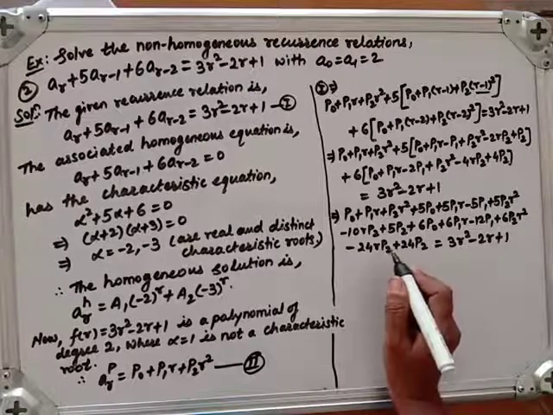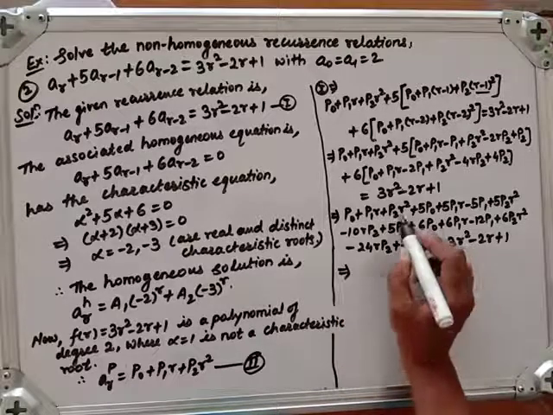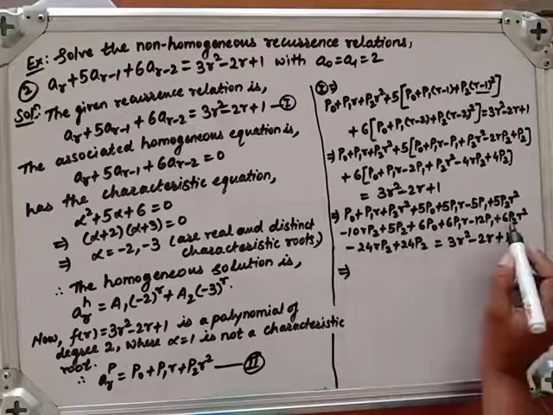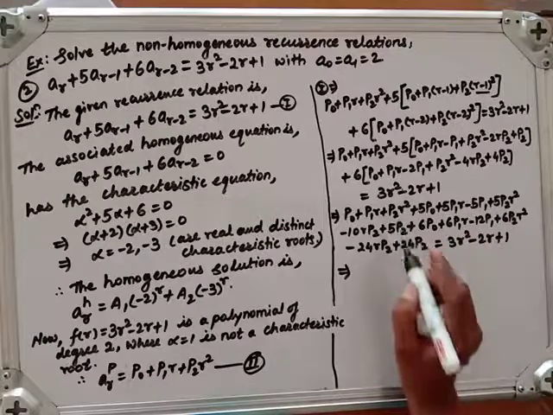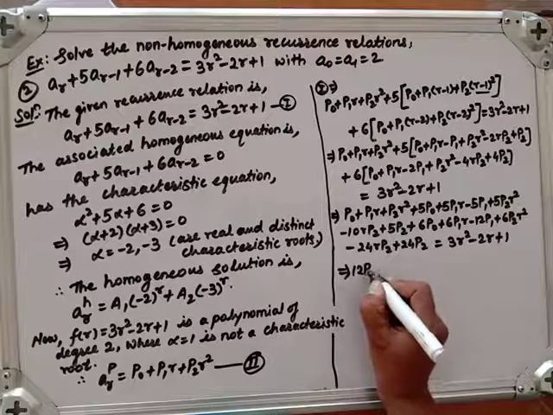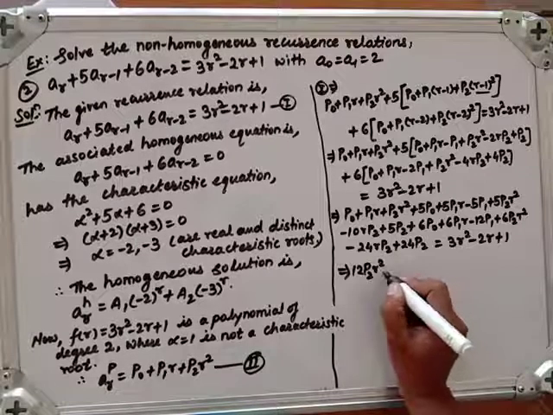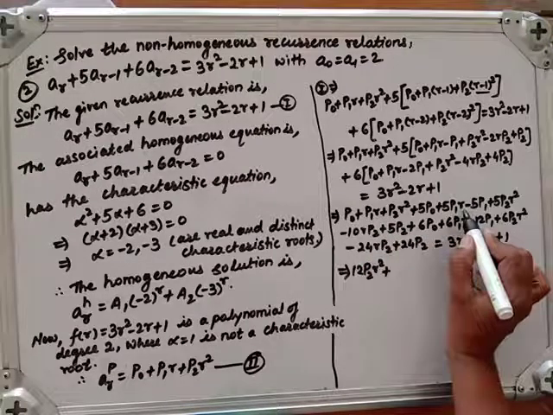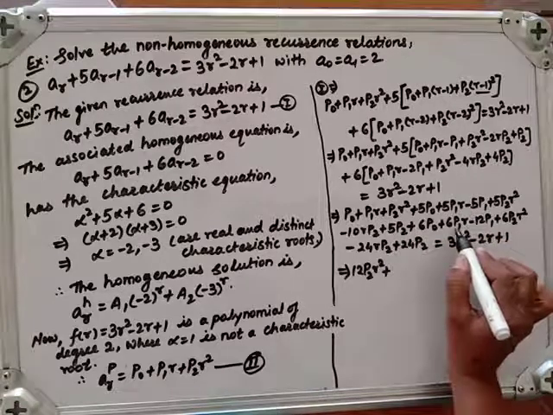So here by simplifying it we get, look at here, P2R square, this is 5P2R square and 6P2R square. So 6 plus 5, 11 plus 1, so 12 P2R square, okay. Now again collect the terms of R. Here P1R, this is also P1R, so these are 6 P1R and 6 plus 6 here again 12 P1R, fine.